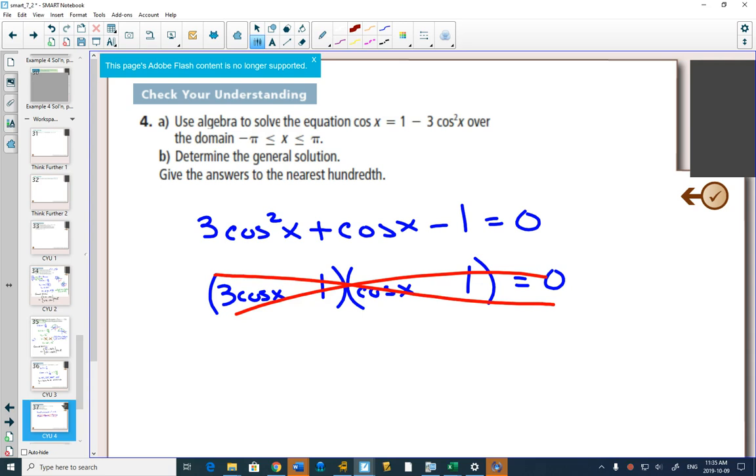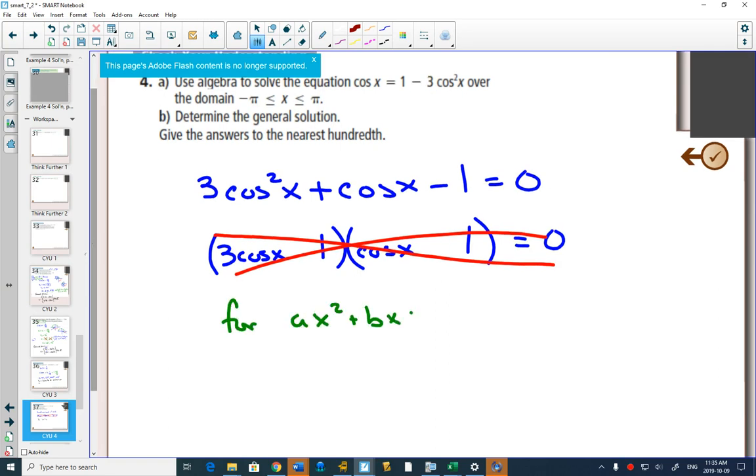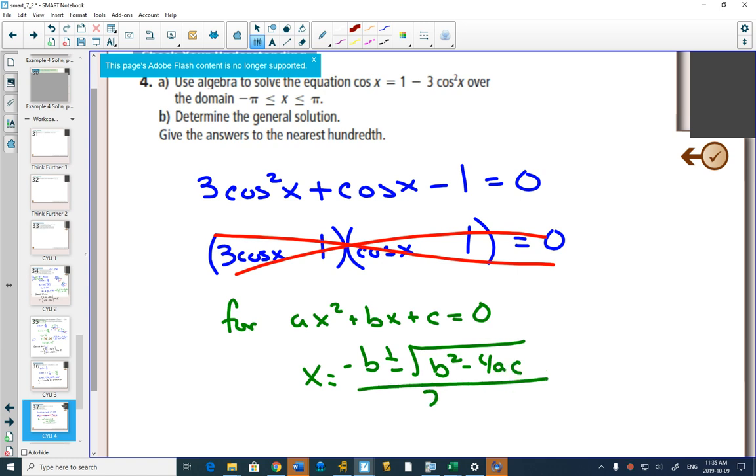If you can't factor it, the quadratic formula on your formula sheet says for ax squared plus bx plus c equals 0, x is equal to negative b plus or minus the square root of b squared minus 4ac, all over 2a. But we don't have x squared. We have cos squared. But we do have a value in front of cos squared, a value in front of cos, and a number by itself.